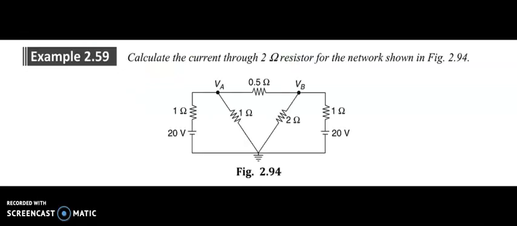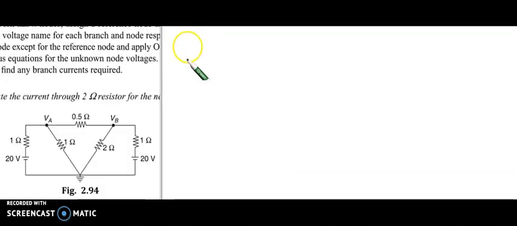So now we will begin with a problem. Calculate the current through 2 ohm resistor for the network shown in the figure. So now we are going to write the node equations for this circuit.